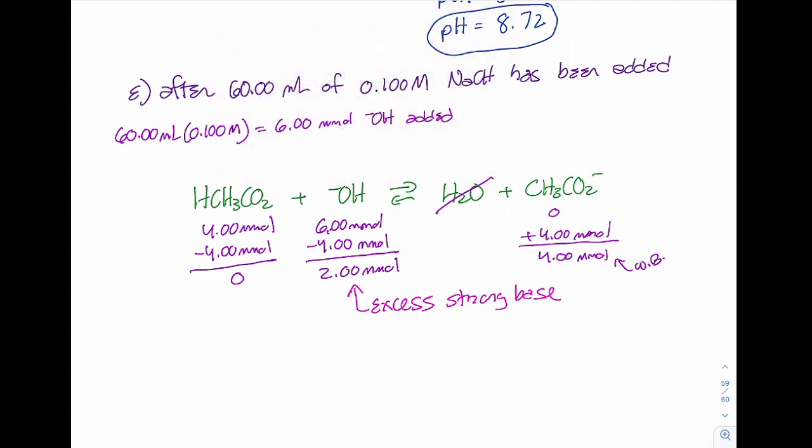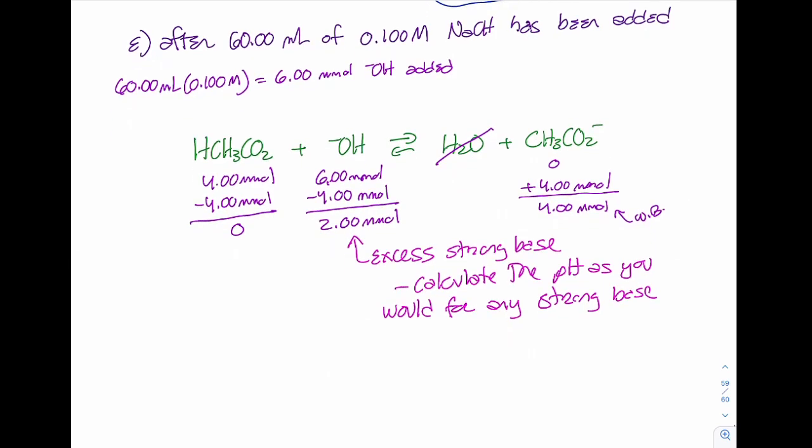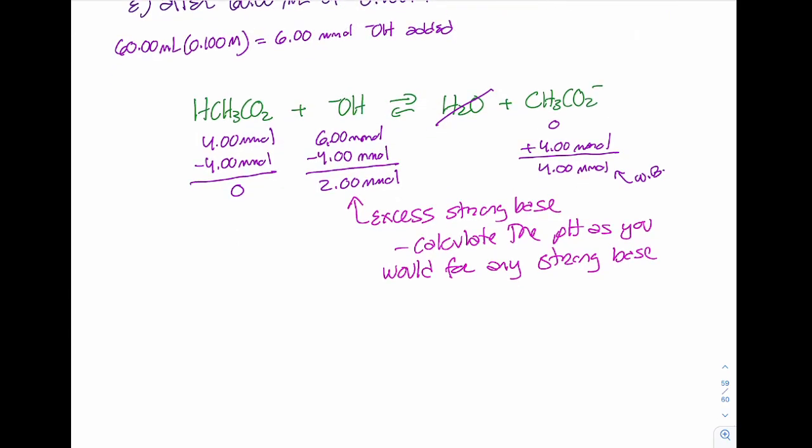So excess strong base, we're going to calculate the pH as you would for any strong base. So I'm going to determine my concentration by dividing through by the total volume.